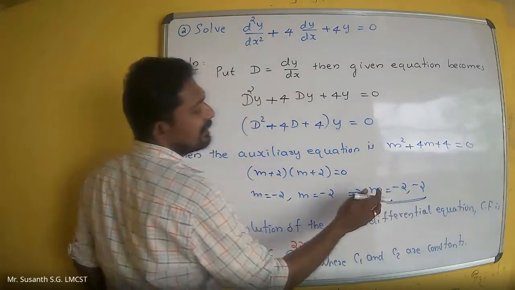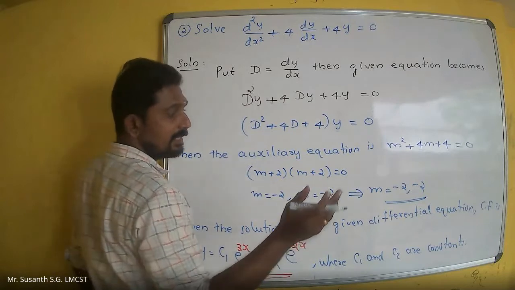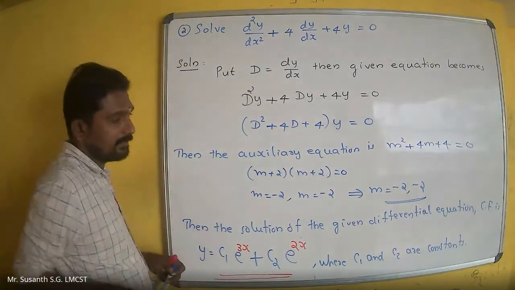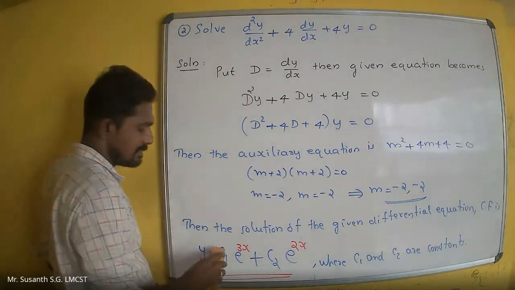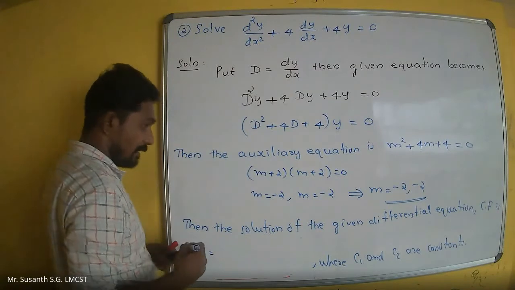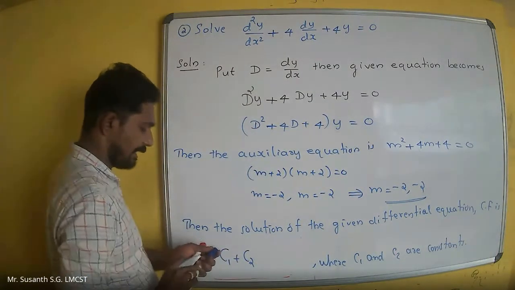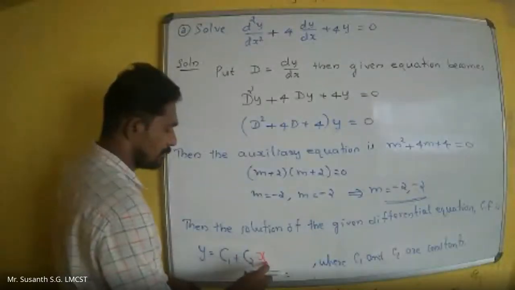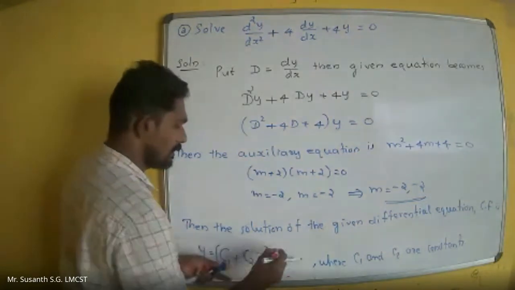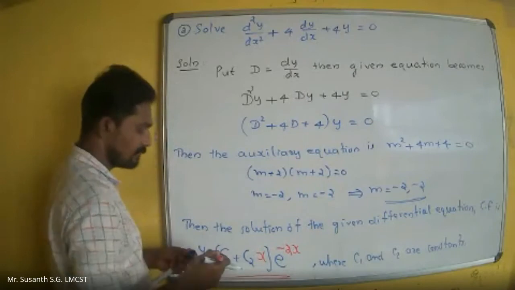So here the roots of the auxiliary equation are repeating, so we use the second case of the above result. Then the solution of the given differential equation, called the complementary function, is c1 plus c2x into e raised to minus 2x, where m is minus 2 and c1 and c2 are constants.